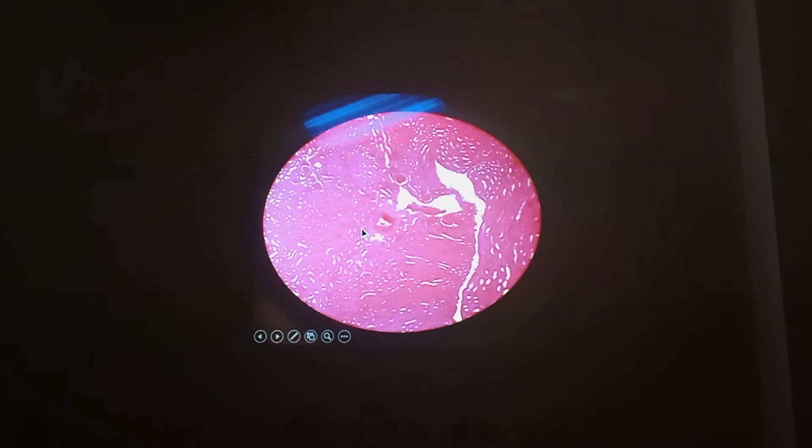They are going within the medullary pyramid. Then why not it be renal medulla? So you have to say there is glomerulus. It is only found in the cortical matter. So it is renal cortex, not medulla. Again, this is renal corpuscle and the glomerulus.